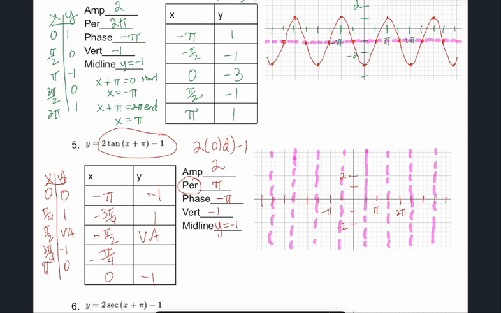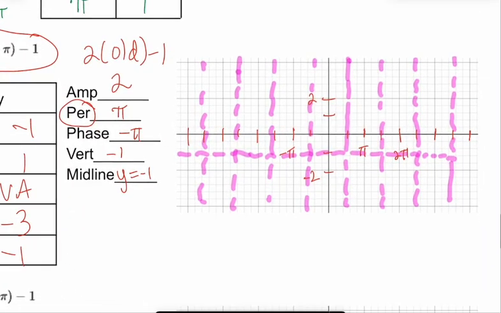And then 2 times negative 1 is negative 2, minus 1 is negative 3. Okay, so let's put our midline on. And I'll zoom in so you can see it a little better. And then it just goes from, put your middle ones on.